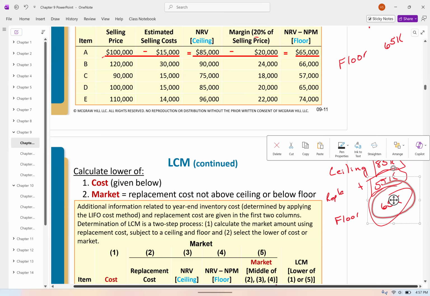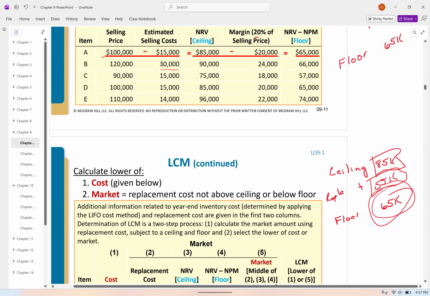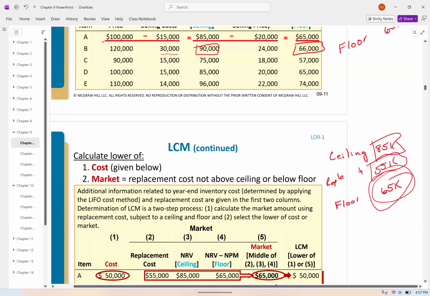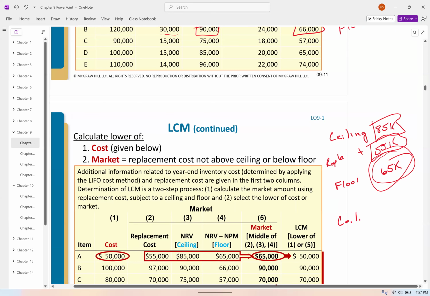So let's go through another one. B had a selling price of 120 minus any estimated selling cost gives us our ceiling of 90,000, minus the normal profit margin gives us our floor. So we're going to come down here.